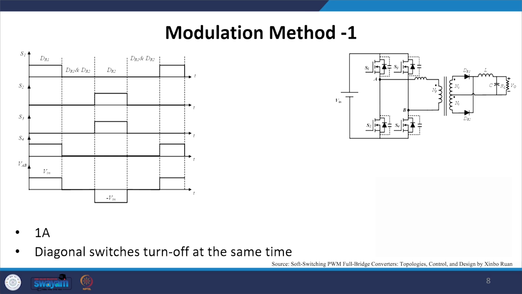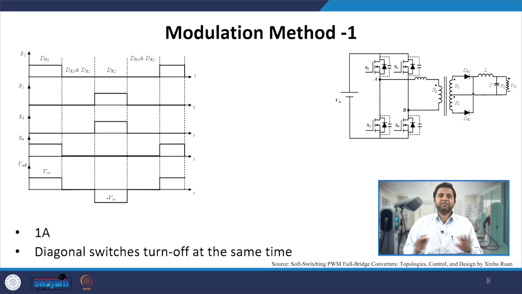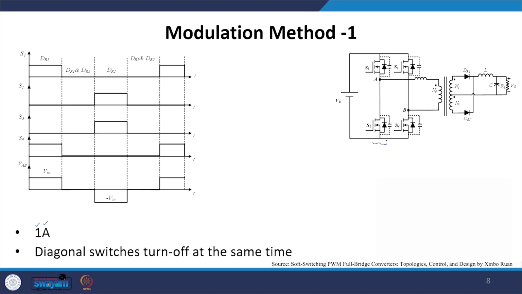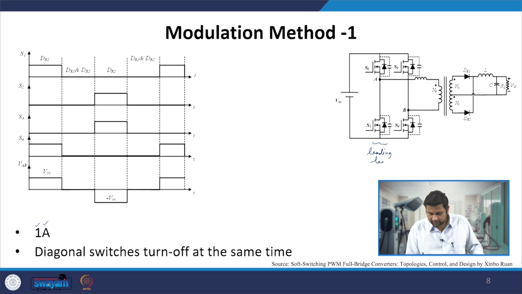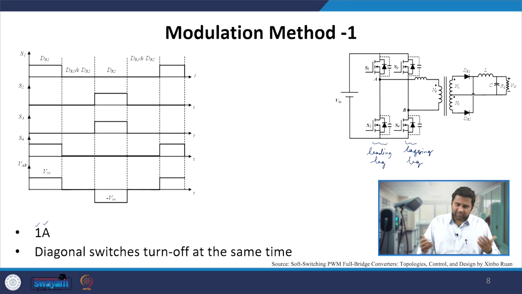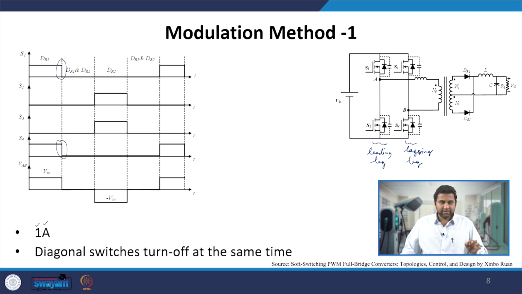In the first modulation method, we are not changing anything. So we are using 1A. 1 corresponds to whenever there is no change in the leading lag, S1 and S2 turn on time. This is our leading lag, this is our lagging lag. For lagging lag there is no change in the turn on period, so you will see there is no change in the turn on period and VAB will still be the same. And here we see that the diagonal switches S1 and S4 are switched off at the same time.